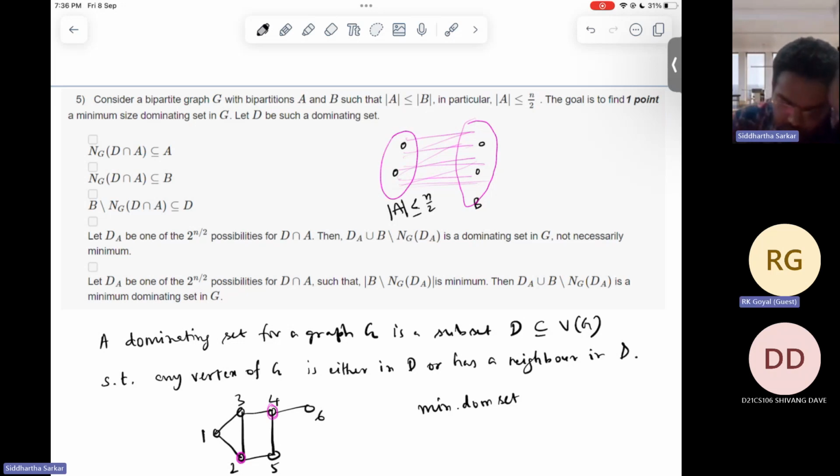The first statement is saying that if you consider those vertices which are in A and in the dominating set, then the neighborhood of these vertices, which is a set of vertices in B, is a subset of A. That makes no sense, right? What is D intersection A? It is a set of vertices in A. And what is the neighborhood of D intersection A? Some vertices in B.